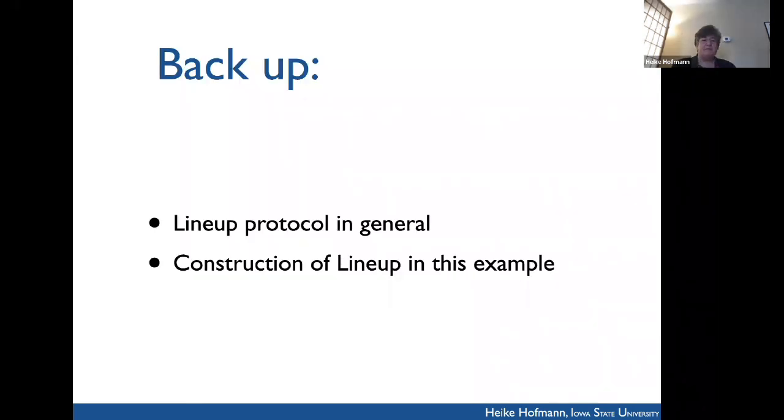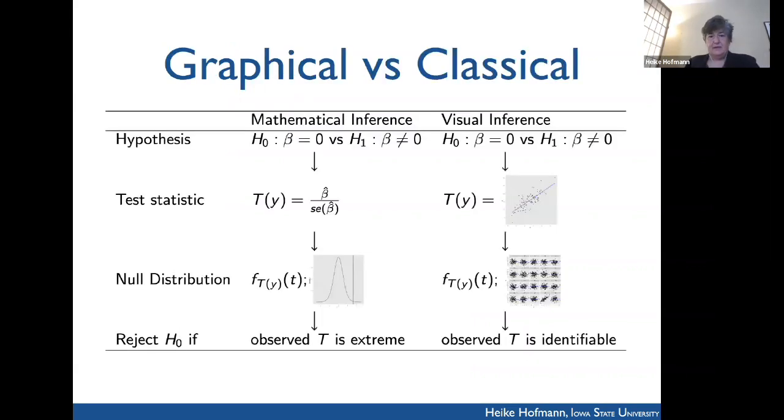So let me back up for a moment and talk a bit about the lineup protocol in general, and then construct a lineup based on this example. So in statistical inference, we start out with a hypothesis. We've got our test statistic. We've got a null distribution for this test statistic, given that the null hypothesis is true.